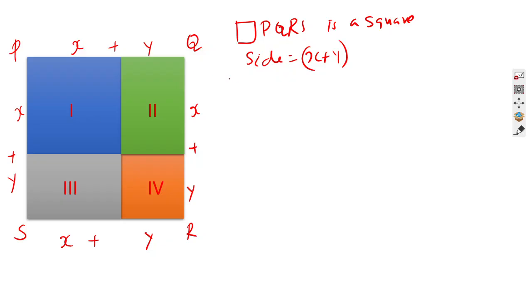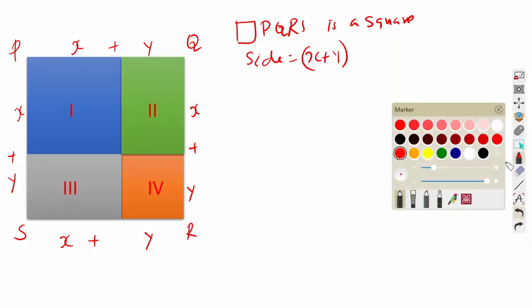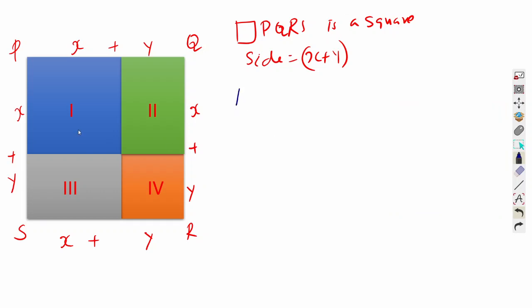So consider rectangle 1 first of all, which is blue in color here. The area of rectangle 1, I am writing it like this for you. We will say rectangle 1, the first one having side x and x over here, is equal to x square. And that of rectangle 2, which is this, it is nothing but x into y, xy.